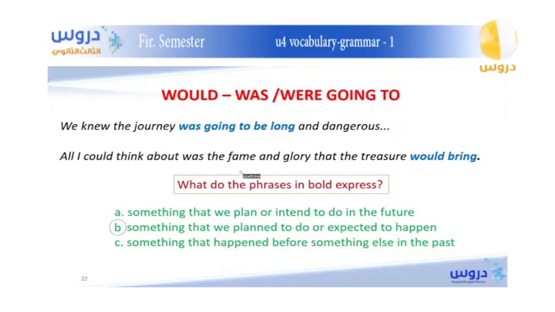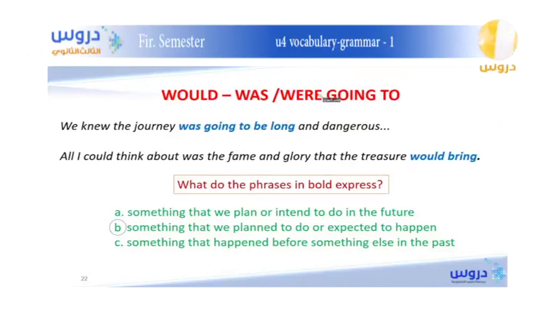Now, how to use them: would plus the base form is used when referring to the past, for something that we expected to happen at a later time. Also, was or were going to plus base form is used to talk about actions somebody intended to do in the past, but probably did not. All right, now we have an exercise after this slide.